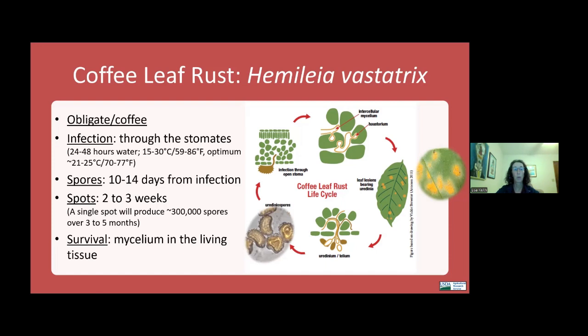So it's pretty incredible to think that the infection process takes only a few weeks, and within 3 to 5 months, approximately 300,000 spores are produced. And this pathogen survives mainly as mycelium in the living tissue.